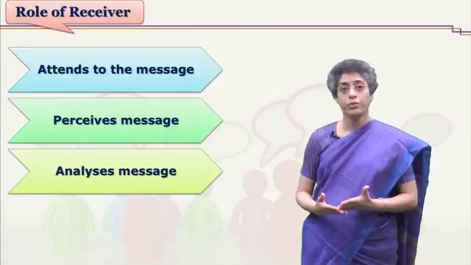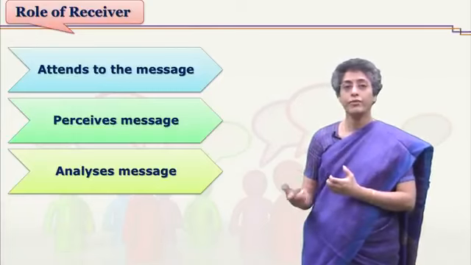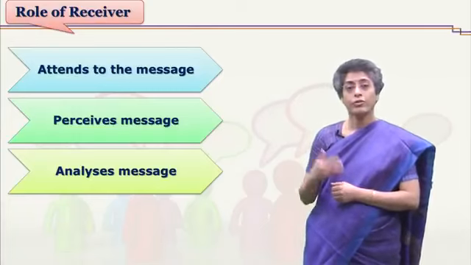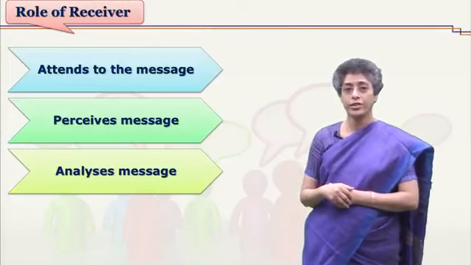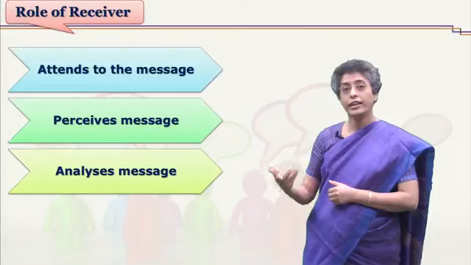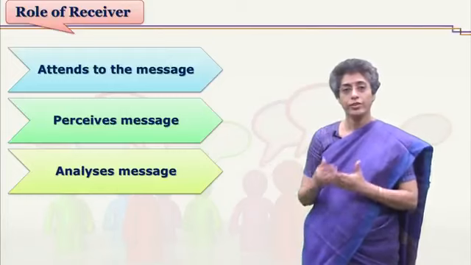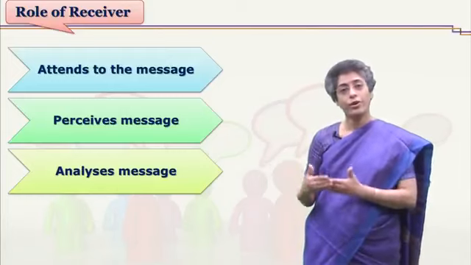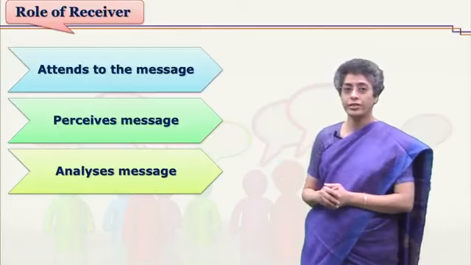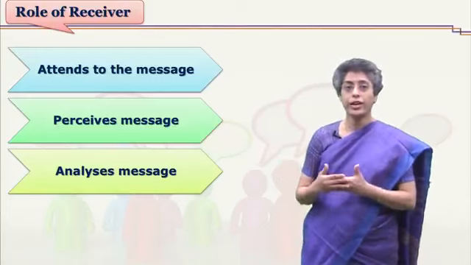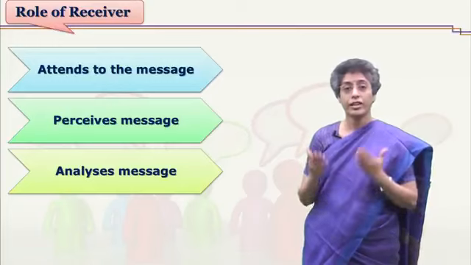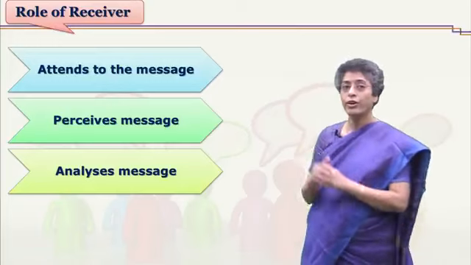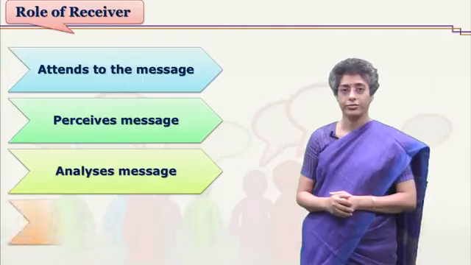You should know what should be the language or what should be my own understanding to perceive this message, and then only I can analyze message. So, receiver's role does not stop at perceiving the message, but receiver needs to analyze the message, tries to understand nature of the message, tries to understand content of the message.